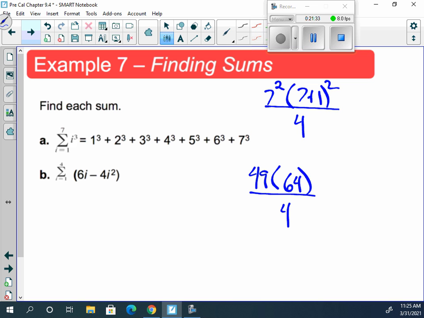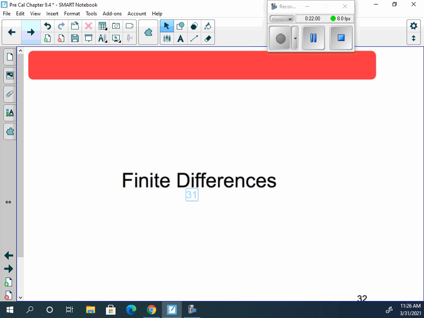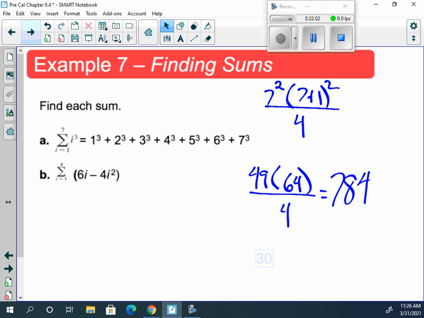And luckily, 64 divided by 4 is 16. Then we just need to do 16 times 49, or 49 times 64 divided by 4. Either one will work. So it's 784. And that's it.